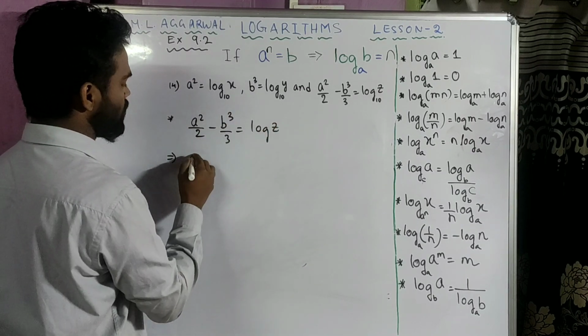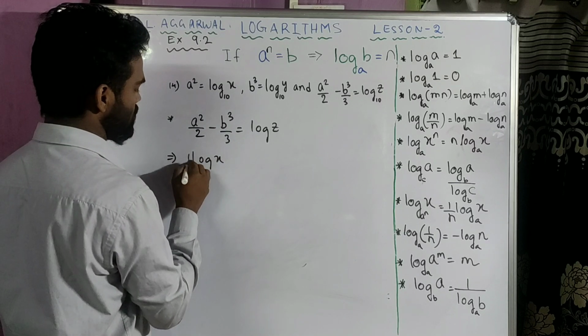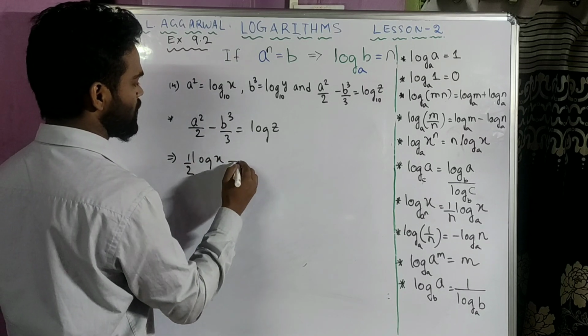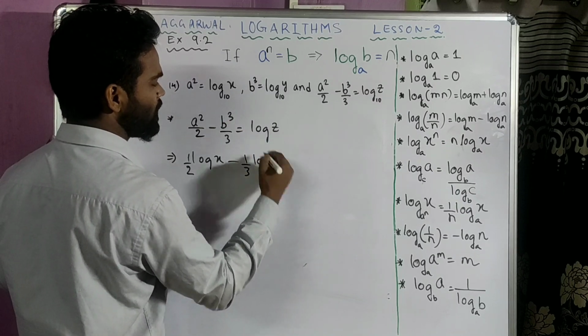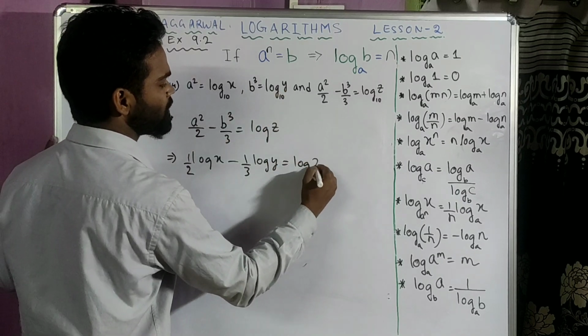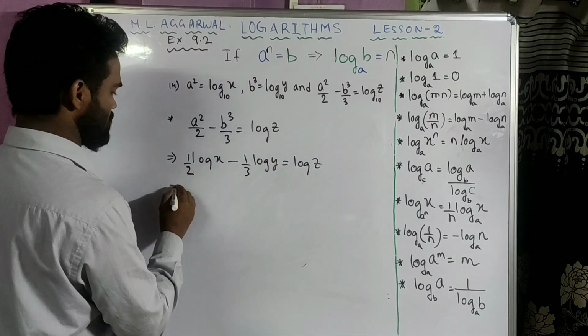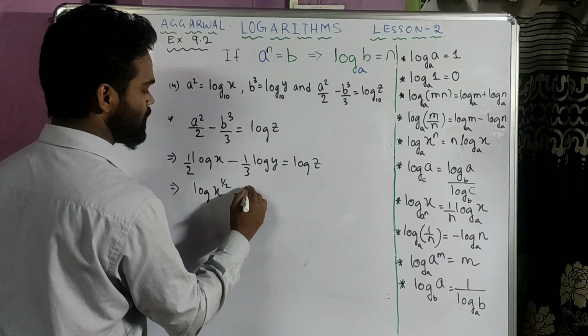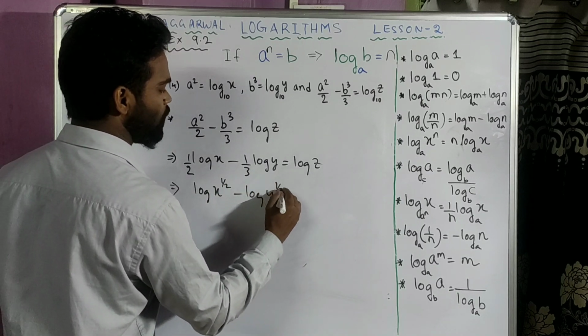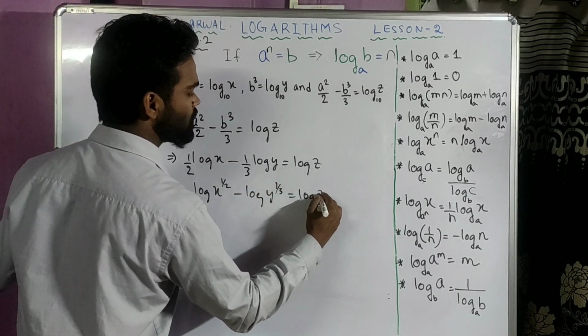Now a square I can write as log x, half log x, minus 1 by 3 b cube, which I can write as log y, it's already given, equals log z. The bases are 10 in all the cases. Now this I can write as log x to the power half minus log y to the power 1 by 3 equals log z.